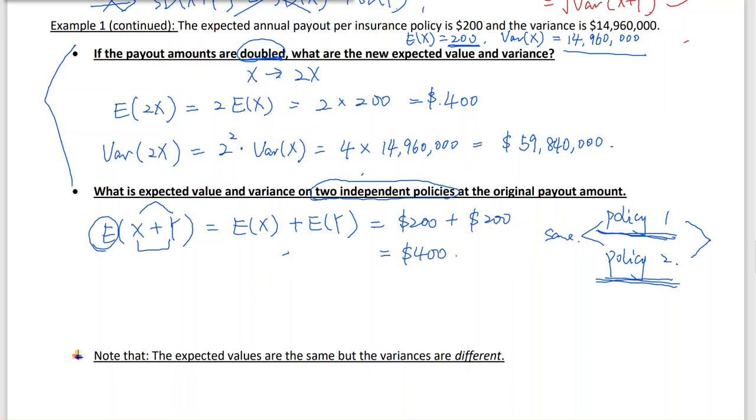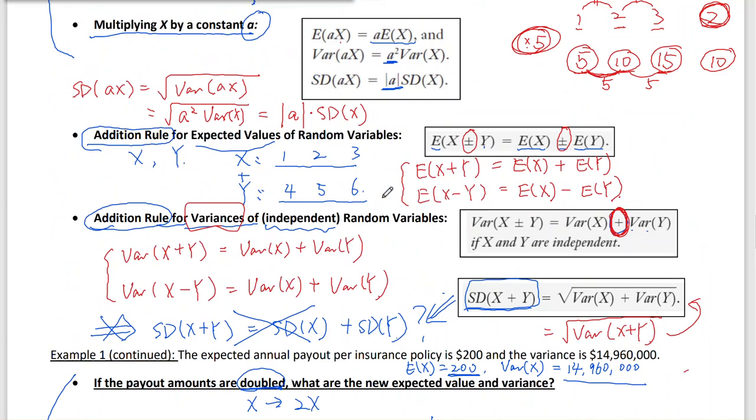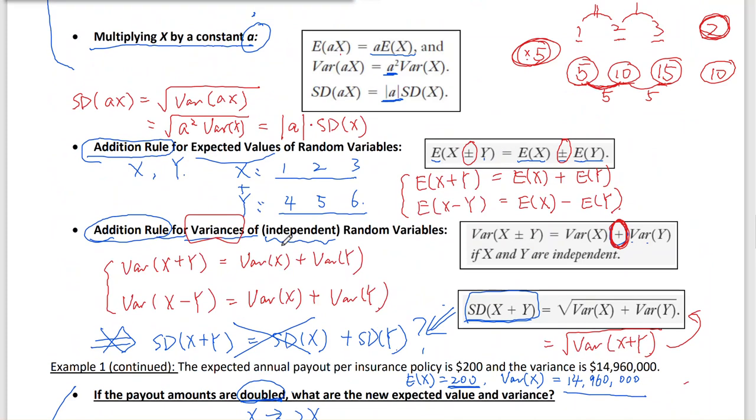Okay, now what will be the variance? Remember, by the property, if these 2 variables are independent, then the variance of the summation of these 2 variables will be the summation of these 2 variances.